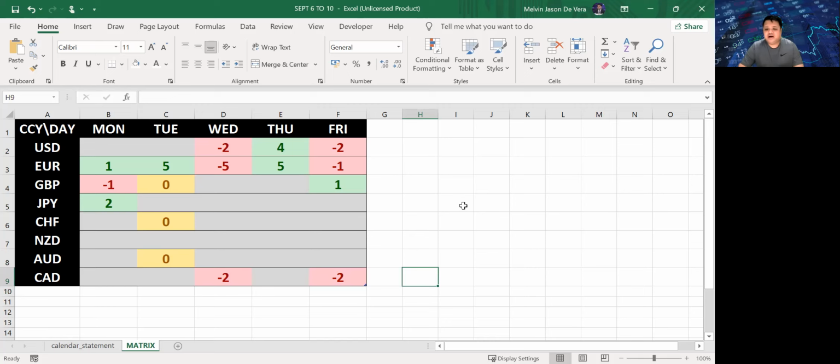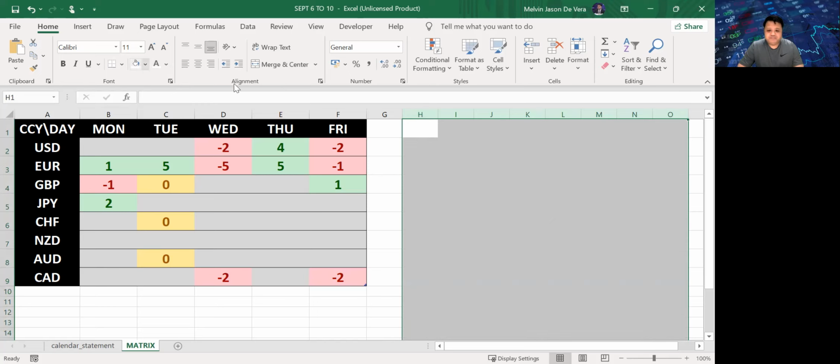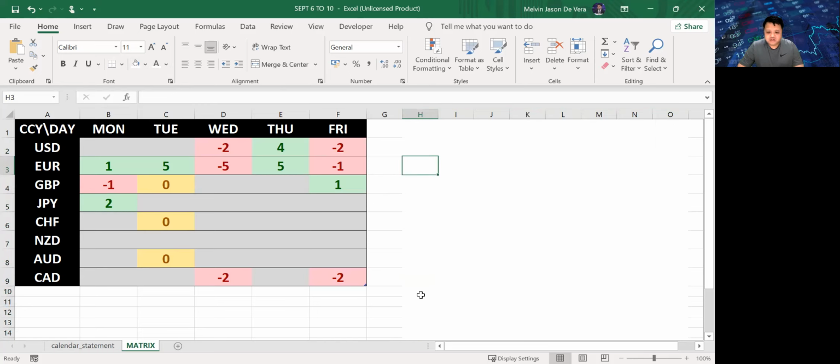Now, how do we go about it? Ganito lang po. So, kung halimbawa, you have your base and term currency as what we have discussed. Pair, base yung kaliwa, term yung kanan. Alright.